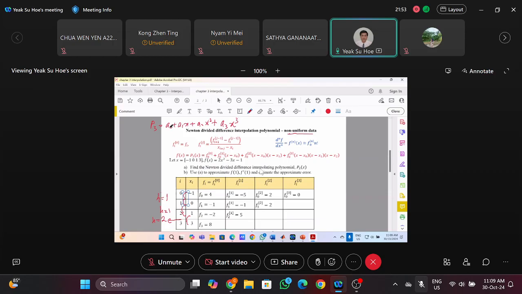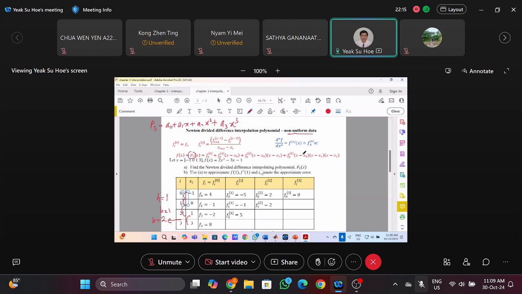So how many unknowns? A0, A1, A2, A3. So 4 unknowns, and we've got 4 data, 4 inputs, 4 pieces of information. So it's matching together. In other words, the actual polynomial passing through the 4 data is supposed to be power 3. So that's why this Newton divided difference is initially P3, power 3.